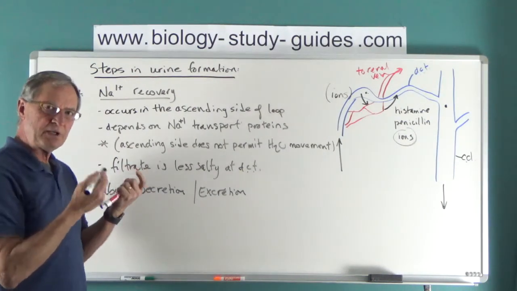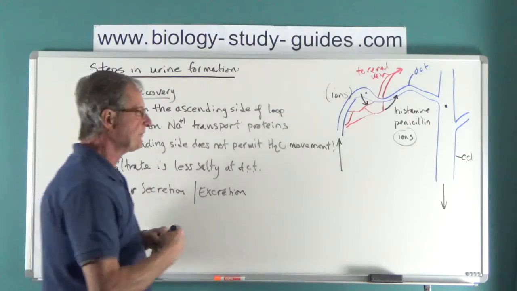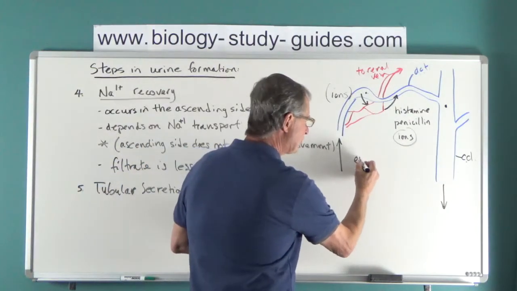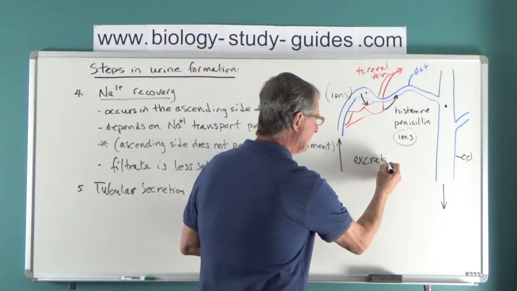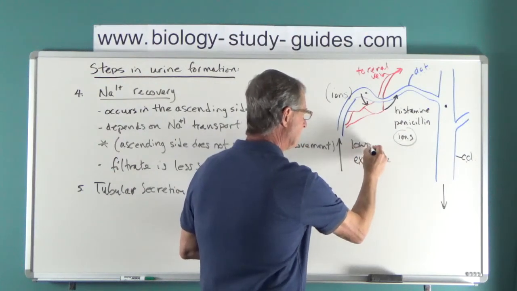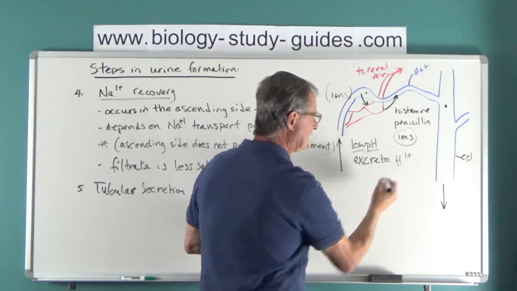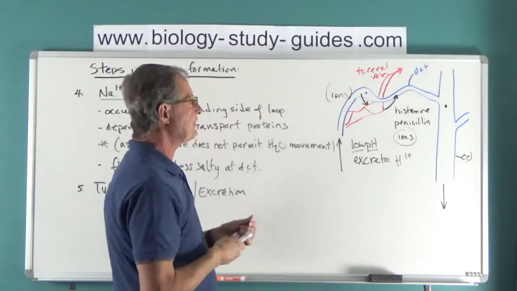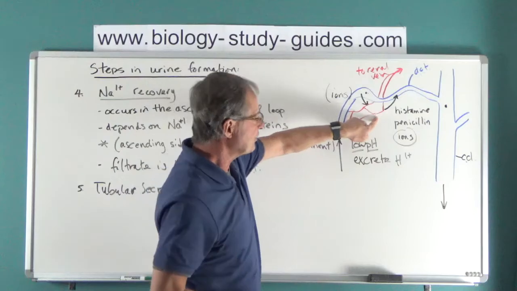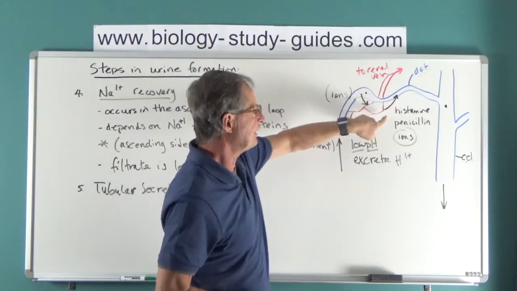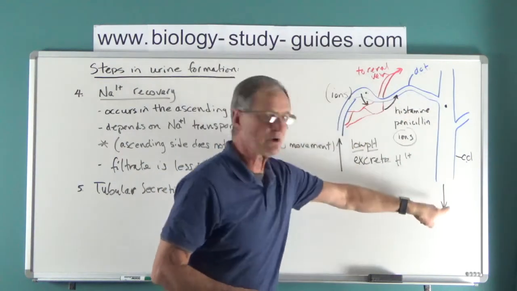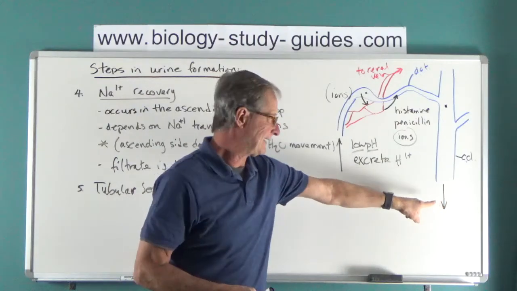If the blood pH is too low, we have to excrete hydrogen ions, which means quite simply the hydrogen ions are going to go along the same direction as the histamines and the penicillin. They'll be going into here, and urine will become more acidic.